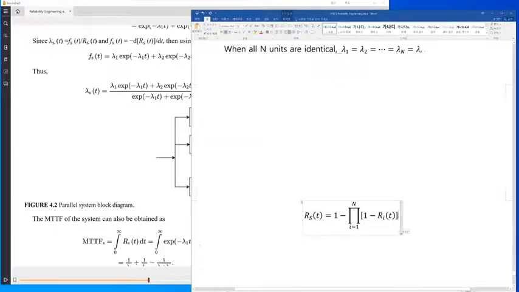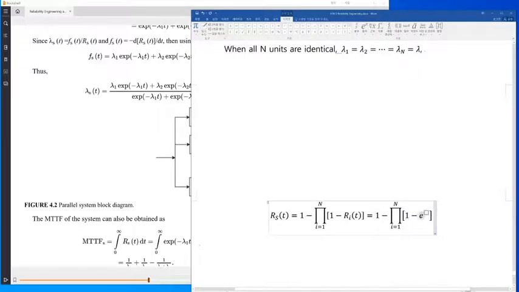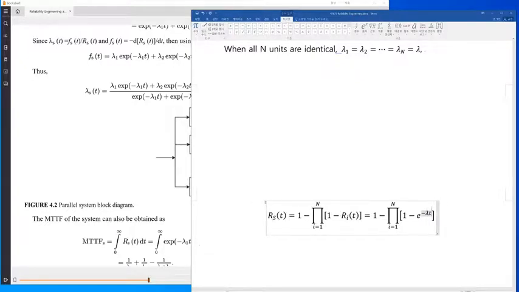This is the basic form of the equation, and if Ri is all given as exponential minus lambda t.